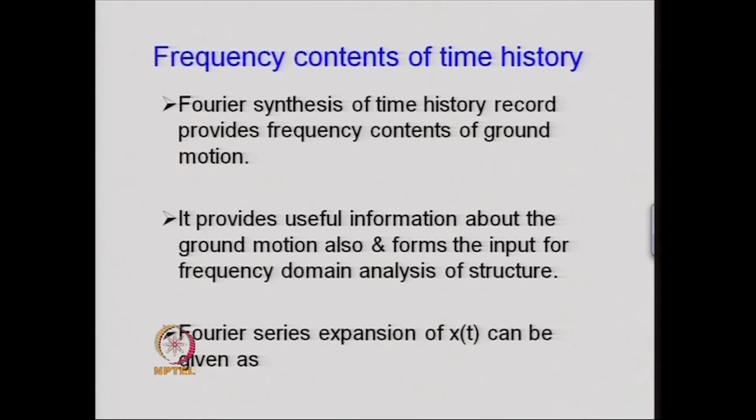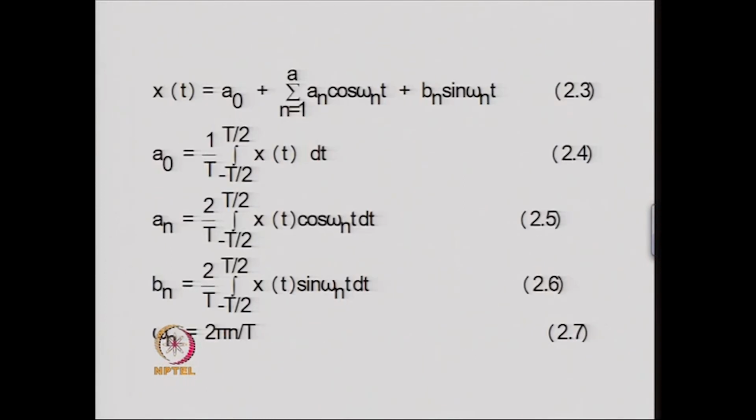Fourier series expansion of any arbitrary function of time t can be written in the form of equation 2.3, where a0 is a constant, defined later, plus the sum of sine and cosine terms.